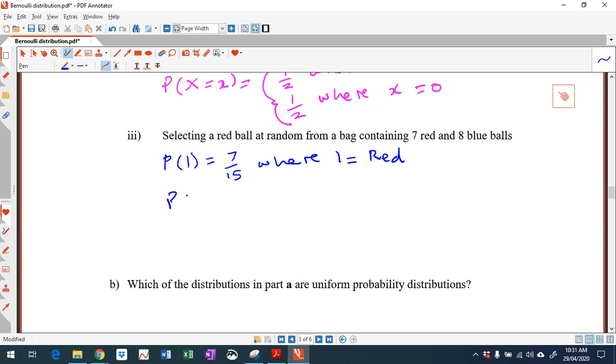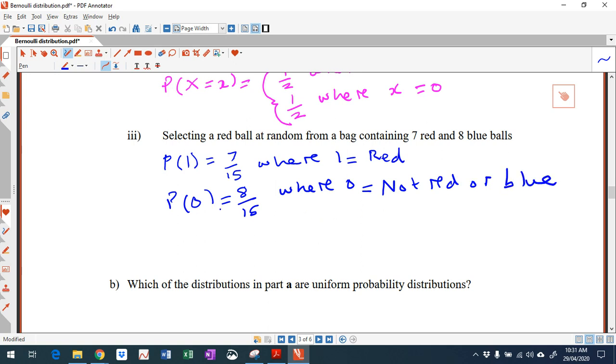And probability of 0 is 8 on 15, where 0 is equal to not red. So not red. Or you might just say blue.